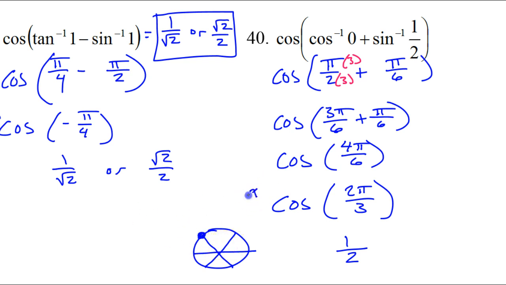Since cosine is the x value on the unit circle, we understand that x values are negative to the left of the y-axis. So cosine should be negative over here, so this should be negative 1/2. So that's why the answer here is going to be negative 1/2.